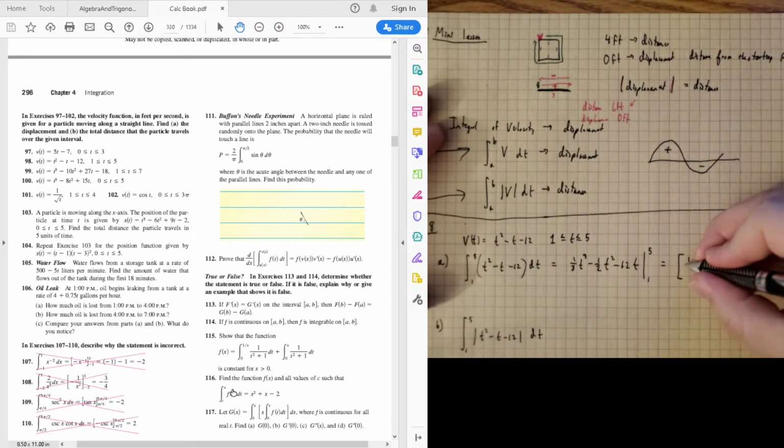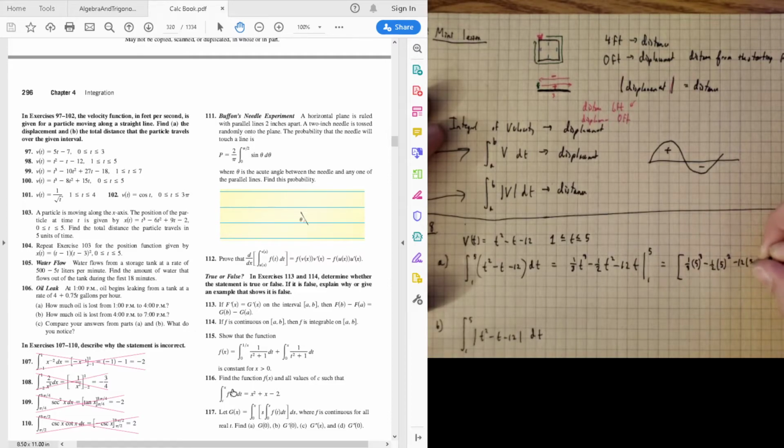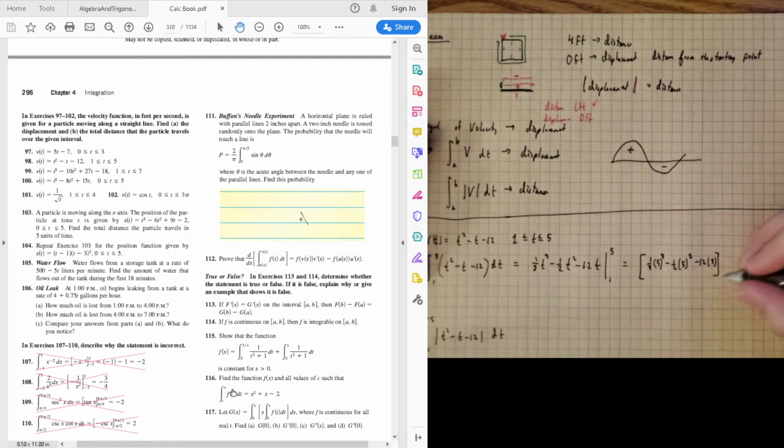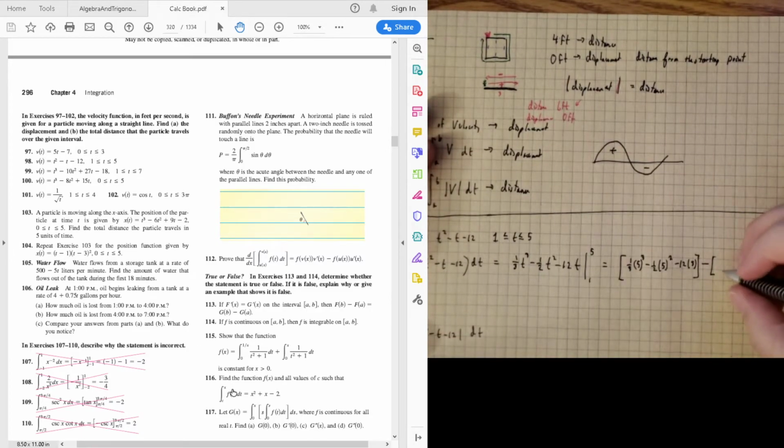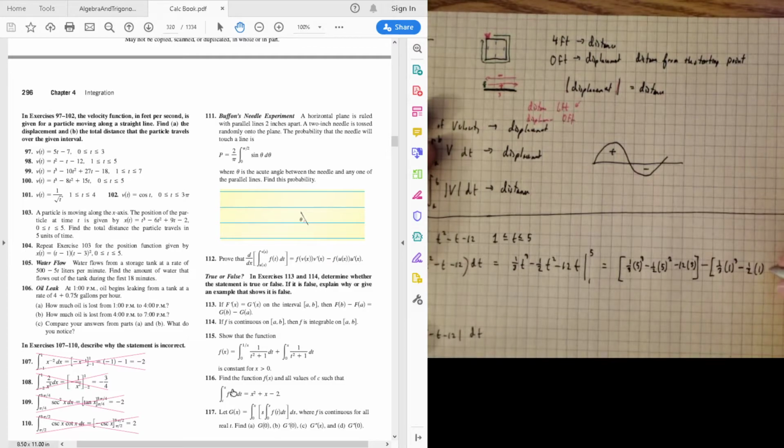Plugging in 5: 1/3 times 5 cubed minus 1/2 times 5 squared minus 12 times 5. The first part minus the second part when I plug in 1. When I plug in 1, it becomes 1/3 times 1 cubed minus 1/2 times 1 minus 12 times 1.